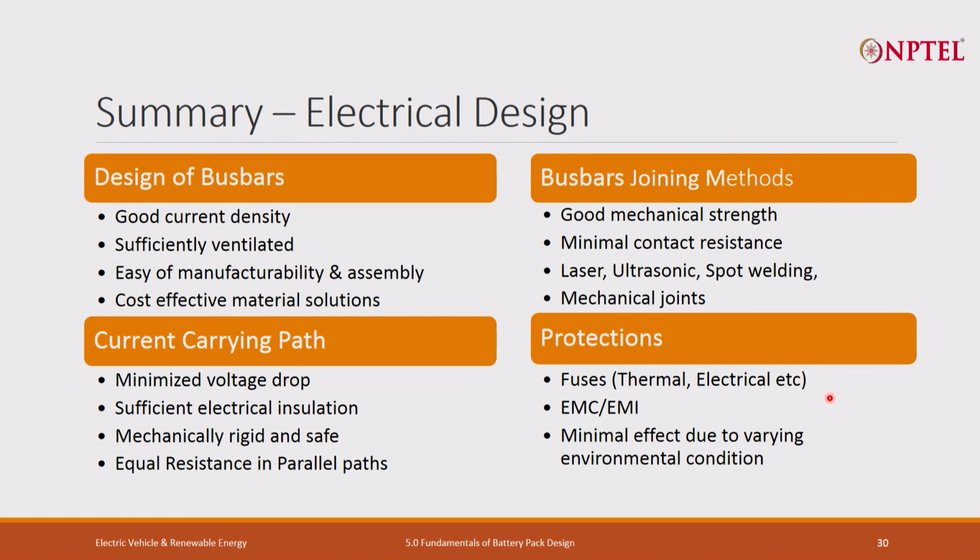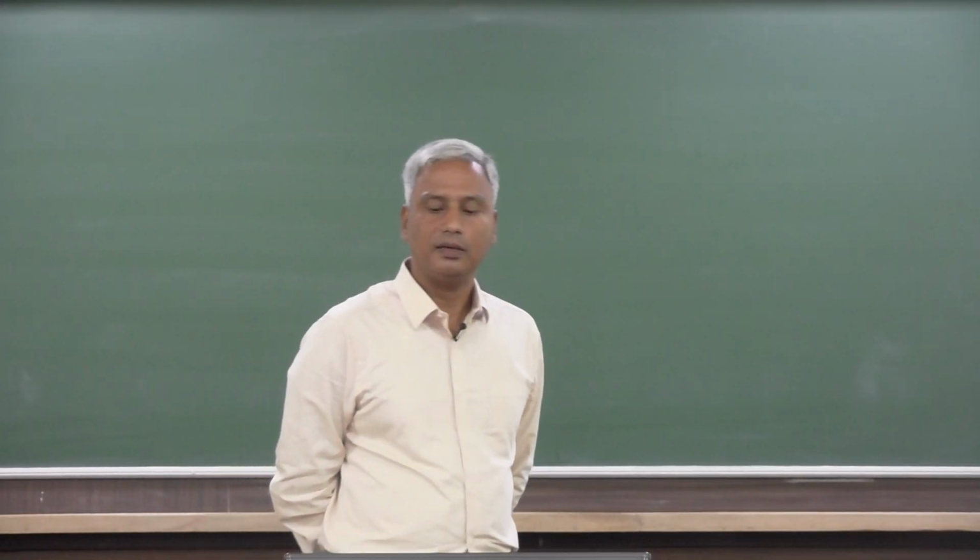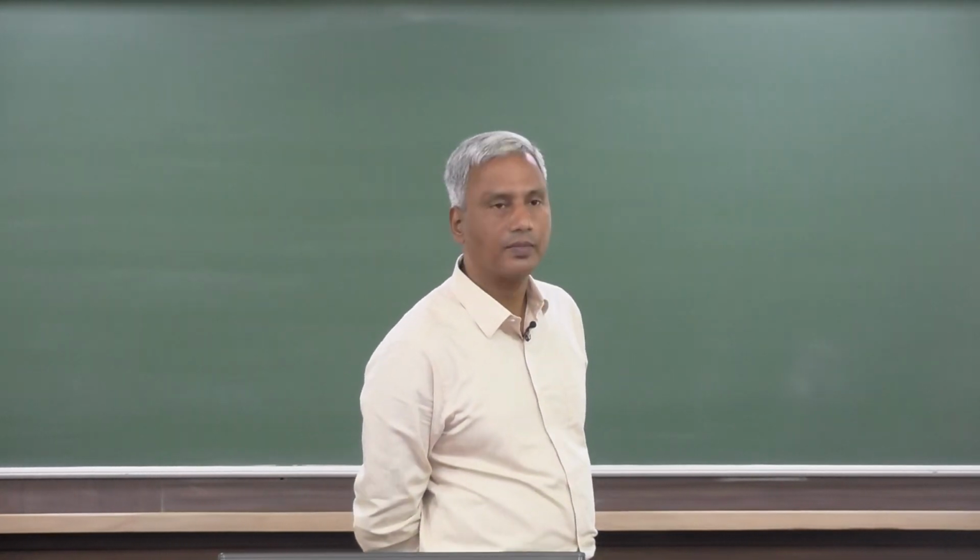There are multiple methods of bus bar joining, but they should have good mechanical strength and minimal contact resistance. Any type of resistance we always try to minimize. Different types of joining methods are laser, ultrasonic and spot welding.